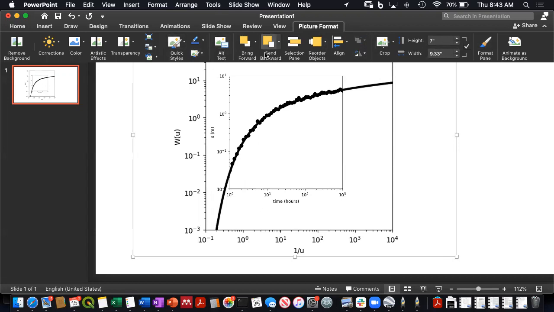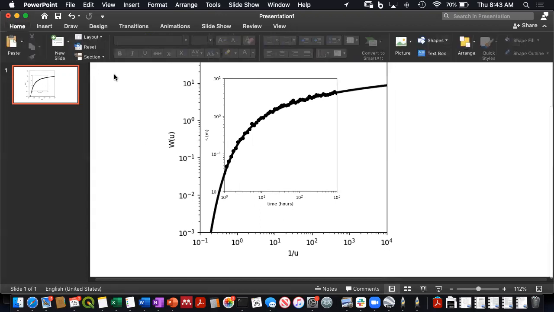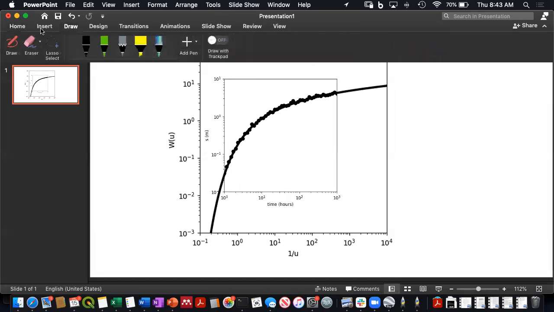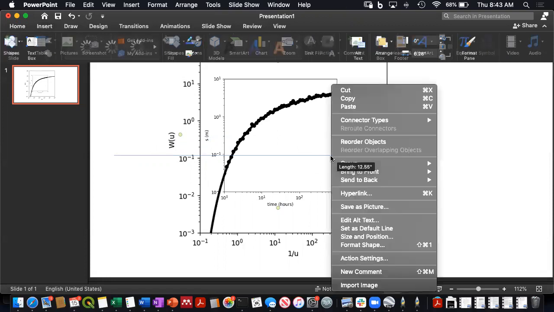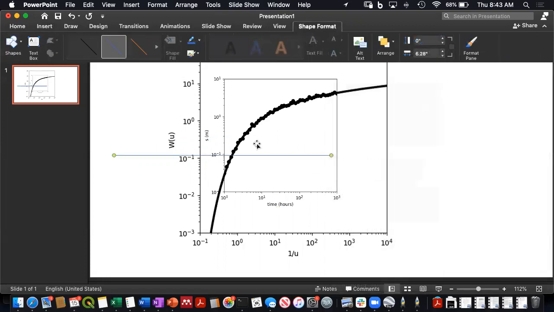I'm going to add a line here. Insert, shapes, line. I'm going to draw a straight line here, and I'm going to move it vertically until it hits two tick marks.